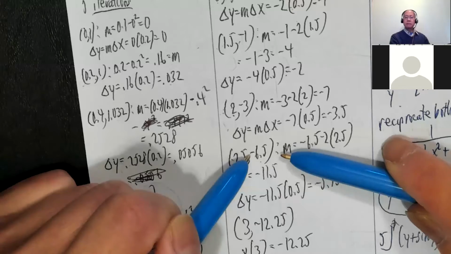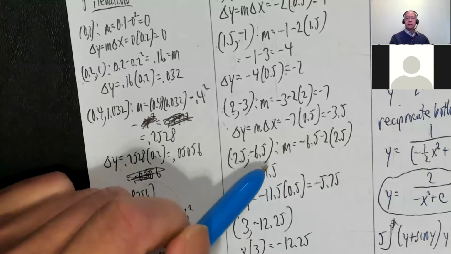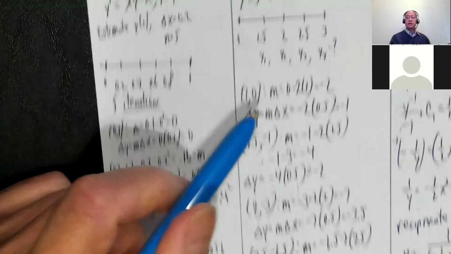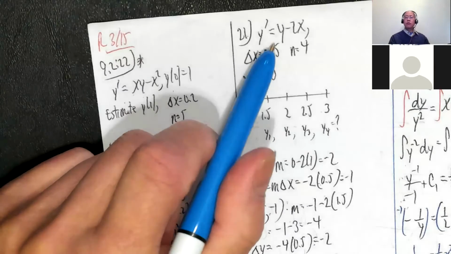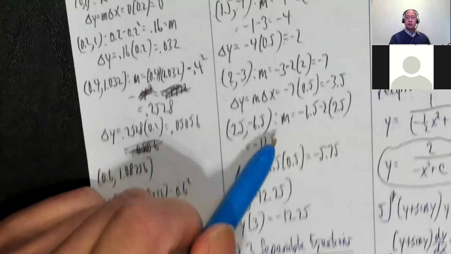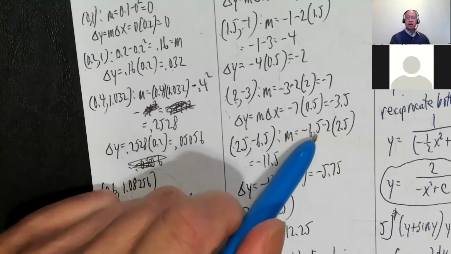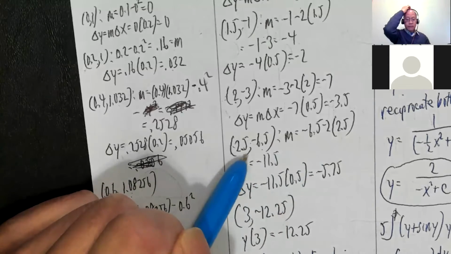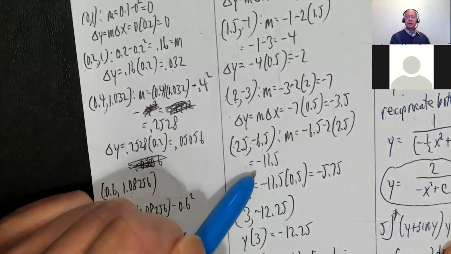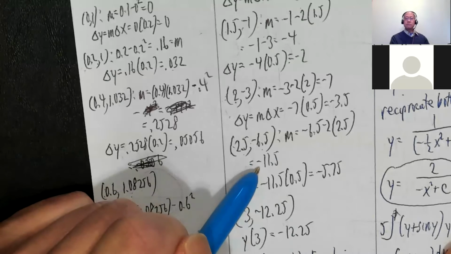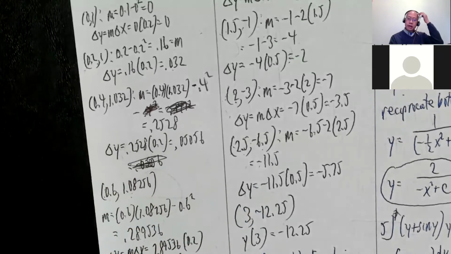And then do it one more time, and then I'm done. So slope is y prime. Y prime means slope, or m, y minus 2x. So -6.5 minus 2 times 2.5. Punch it in your machine. The new slope is -11.5. Delta y is m delta x.